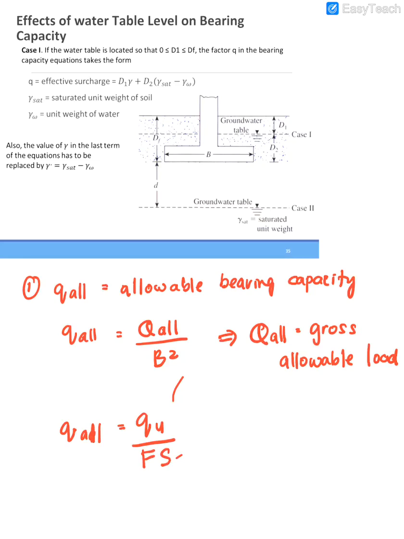Fs here is the factor of safety, and qu here is the ultimate bearing capacity.